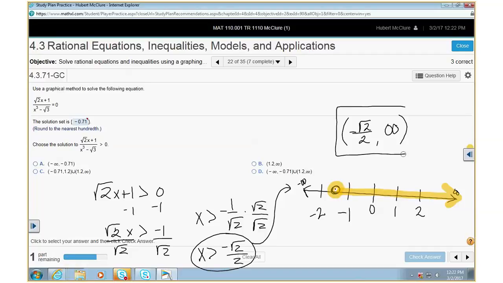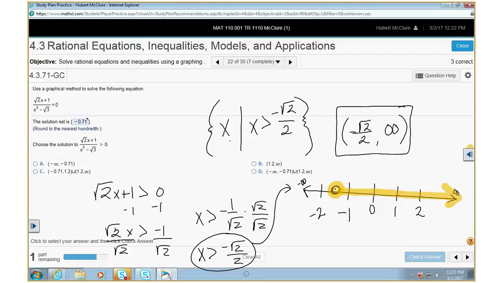That should be your answer. Set builder notation would be x. You draw two braces, and you say x such that x is greater than negative square root of 2 over 2. And that should be whatever your answer is.